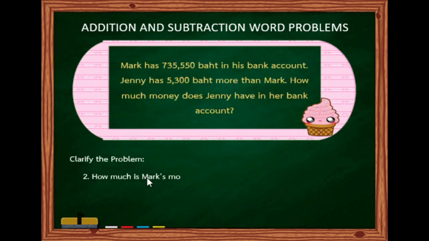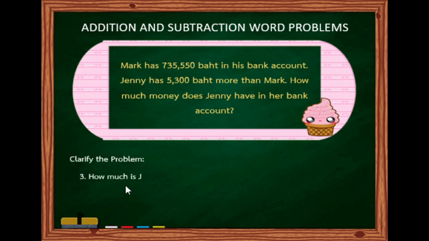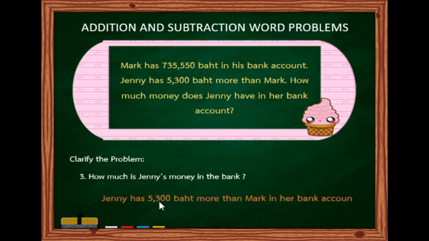Next, how much is Mark's money in the bank? Mark has 735,550 in the bank. How much is Jenny's money in the bank? Is it 5,300? No, it's not. Jenny has 5,300 baht more than Mark in her bank account.